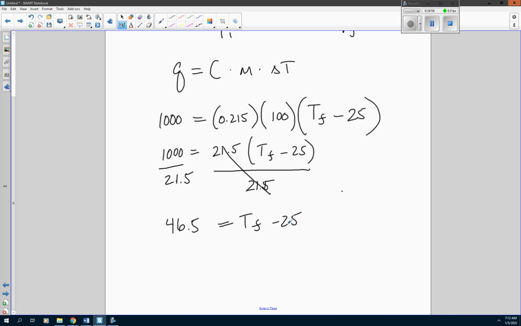So to do this, all I have to do now is add 25 to both sides. And if I do that, this cancels out 25 here, and I end up with TF equals 71.5 degrees Celsius. So basically this says the temperature is going to go from a starting point of 25 to a finishing point of 71.5 degrees Celsius.